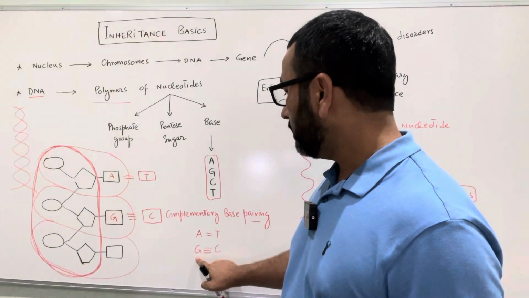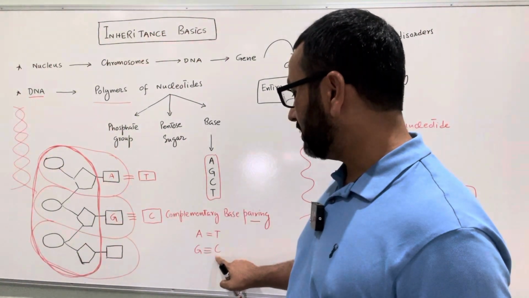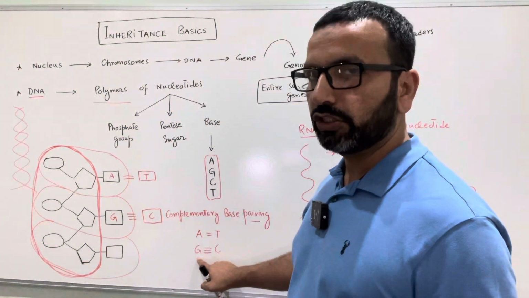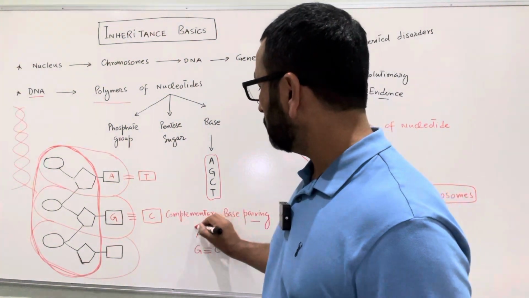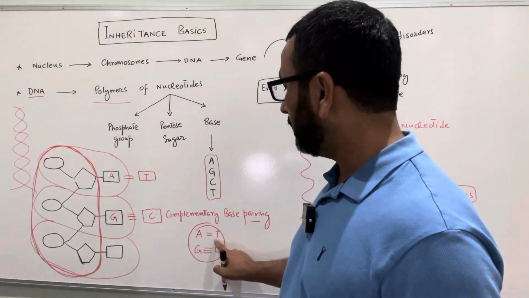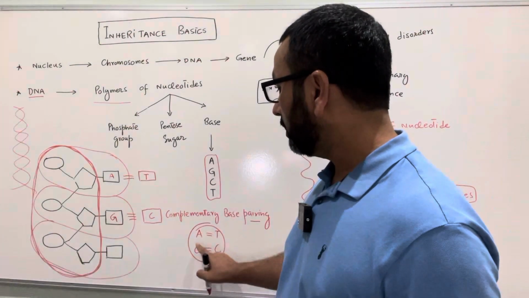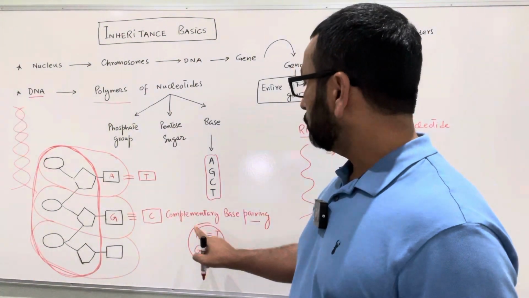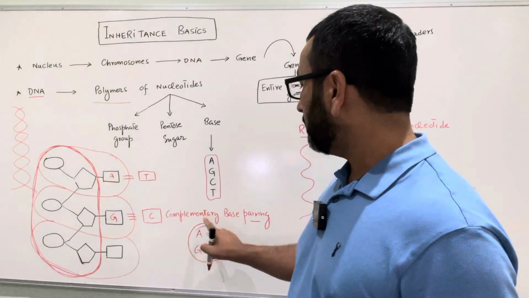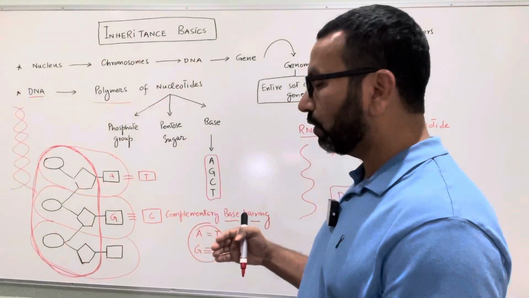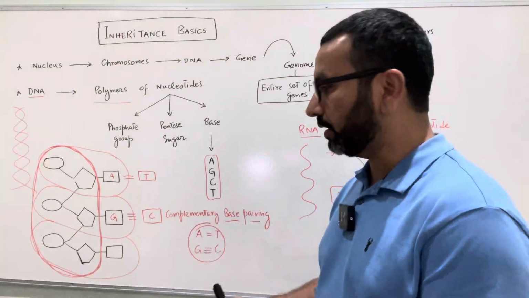And guanine, G will make a bond with C, or C will make a bond with G. These are specific, meaning it can never happen that T makes a bond with G, or A makes a bond with C. This is called complementary base pairing, meaning these bases are complementary to each other.